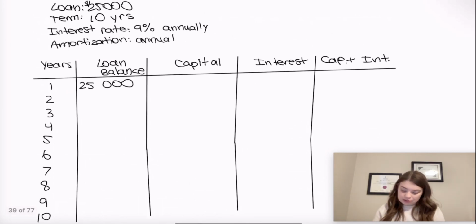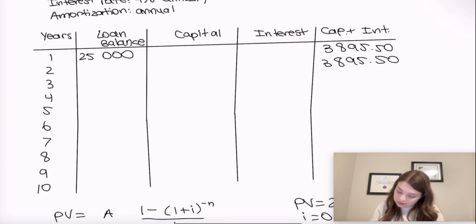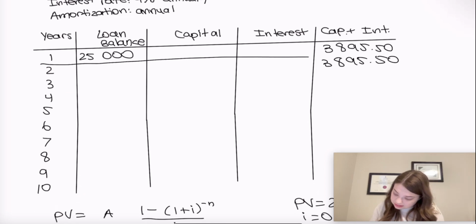So that's what I'm going to put in my entire capital and interest column, because the payments are going to be the same. So I'm going to be writing that for all of these first. So first one, $3,895.50. Same with the second one, the third one. I'm just going to be writing this for all of them. And actually, let's make sure this lines up nicely.